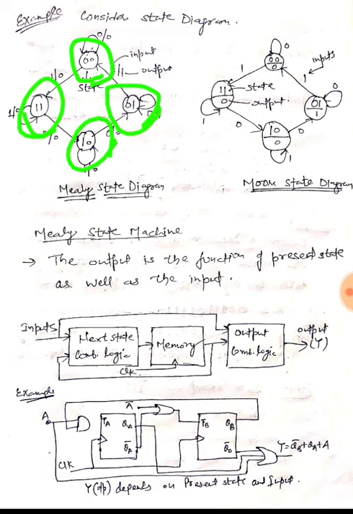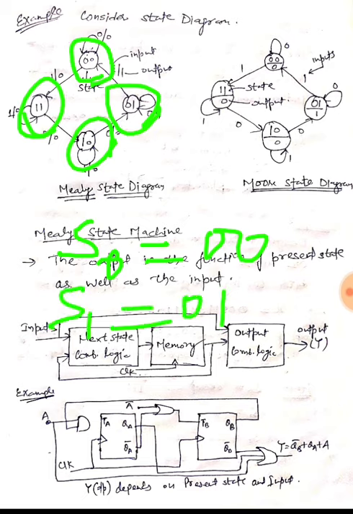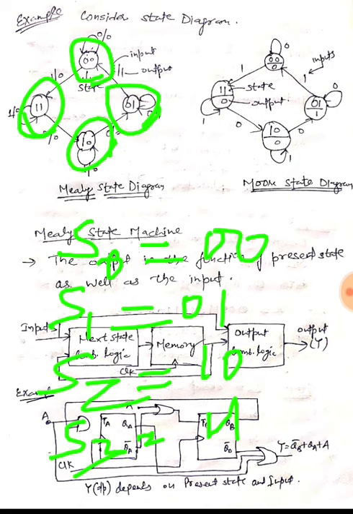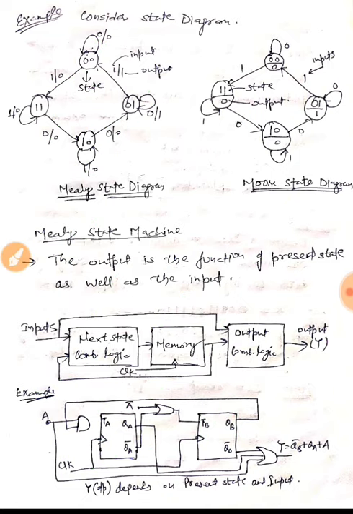So we can also denote them by S0, S0 is equal to 00, the first state, S1 is equal to 01, S2 is equal to 10 and S3 is equal to 11. So we have 4 states in this particular diagram. It can be fewer or it can be more than that as well, depending upon the system.